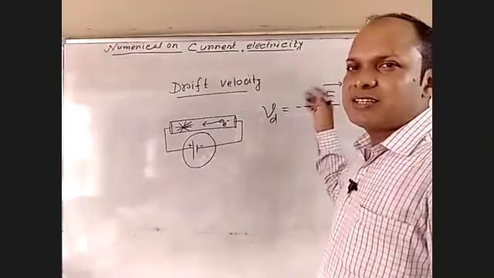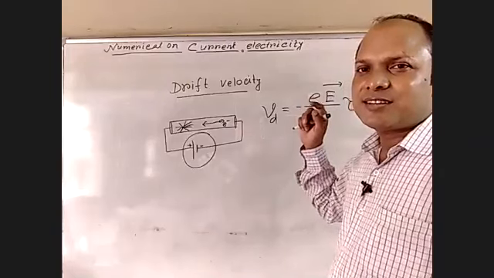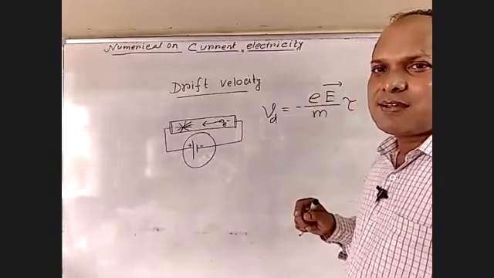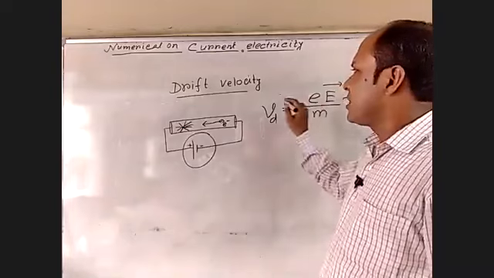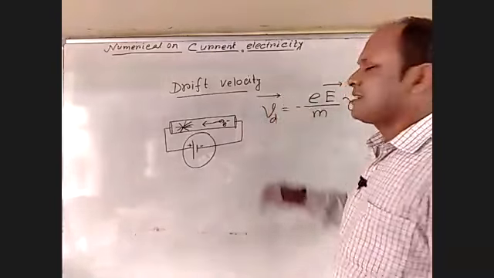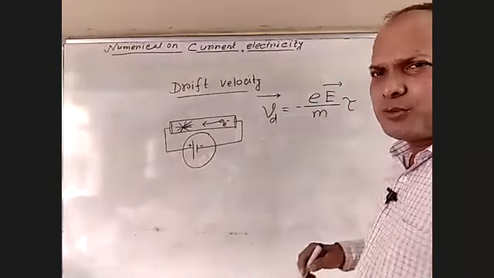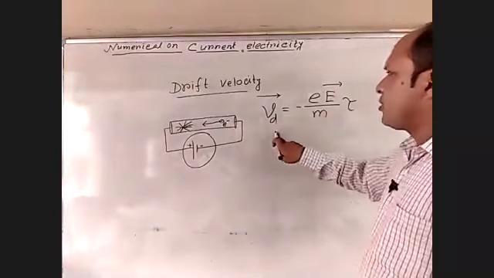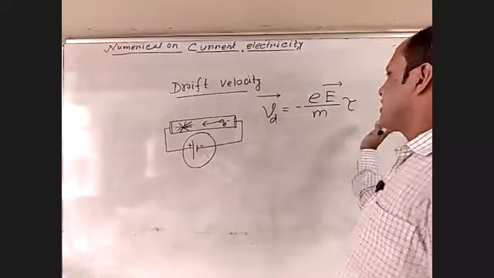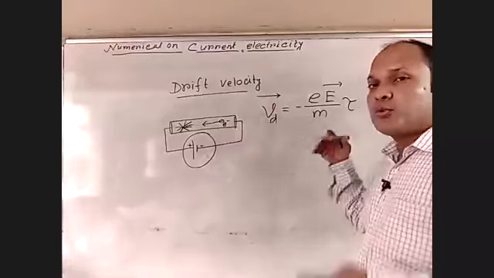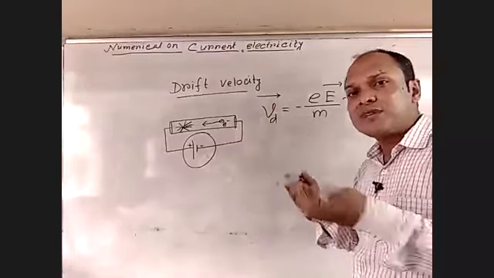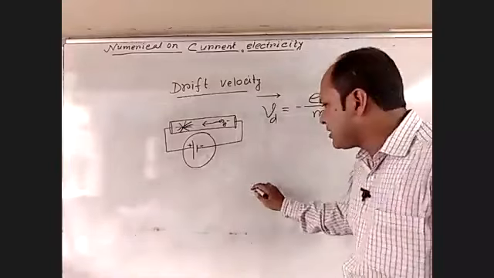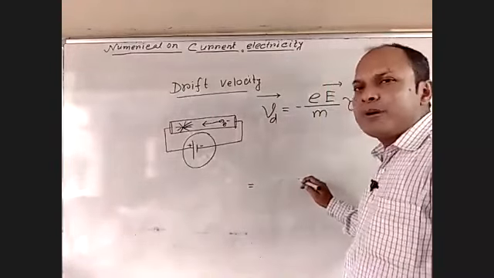So how can I make it correct? Anyone can? Sir, put a vector sign on V_D. Yes, there should be a vector sign. As I discussed just a few minutes ago, if we express it in vector form, the left side and right side both should have the same nature. Otherwise, you cannot write some mangoes equal to some bananas.